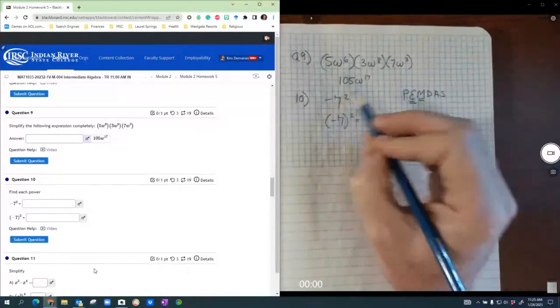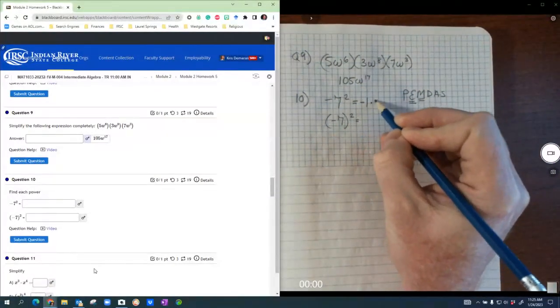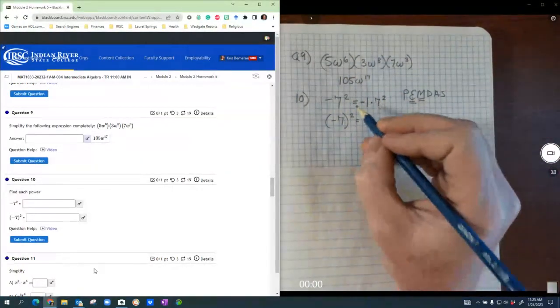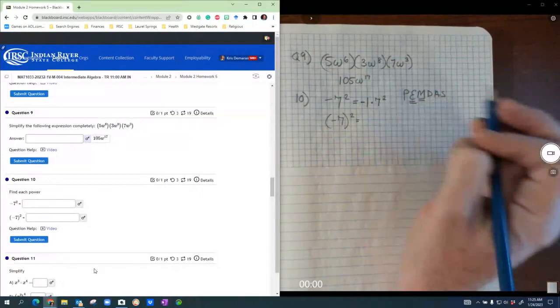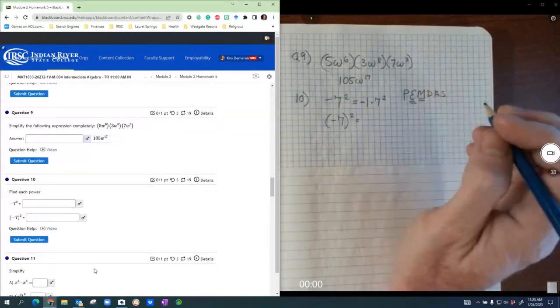So what this really means, another way of writing it, is -1 times 7 raised to the 2nd power. That's what it literally means, but we don't write the -1 times. That's just not something you do in practice. This is the way you describe it.